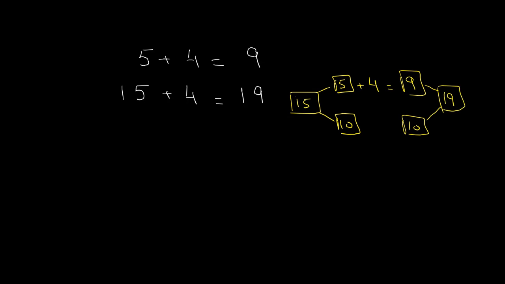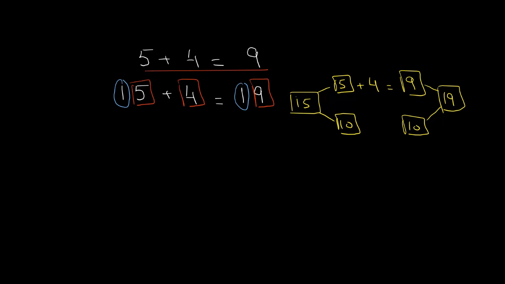The second thing is that we already know that 5 plus 4 is 9, so please note that this is just 5 plus 4 is 9. There was an extra 10 and the 10 stayed on, and this is exactly what we discussed earlier when we were adding.